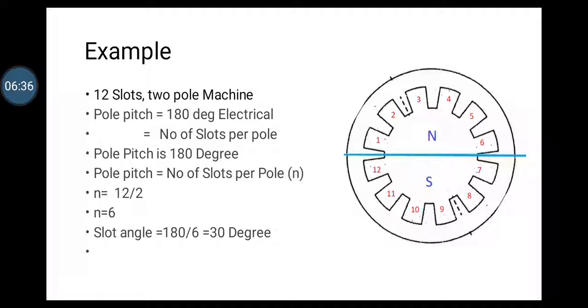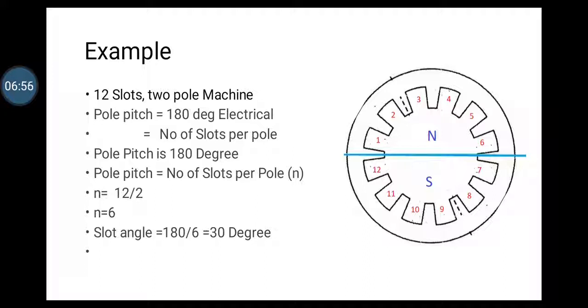If it is distributed, I will distribute the 120 conductors over all slots 1 to 12, so 120 divided by 12 is 10. Each slot will have 10 conductors.